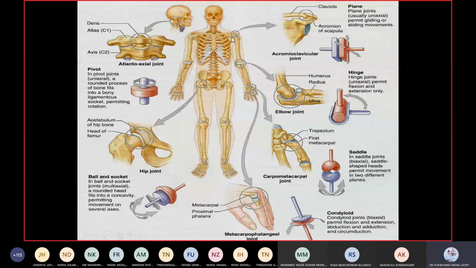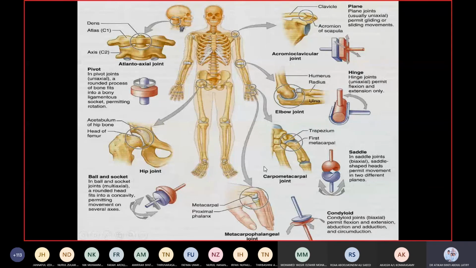And here at your shoulder, this is a plane synovial joint which only permits slight gliding or sliding movement, at your acromioclavicular joint. Here in your elbow, remember, you can only have flexion and extension, and that is the hinge joint. Here in your hands, between your carpal bones and your metacarpal, you have a saddle joint.